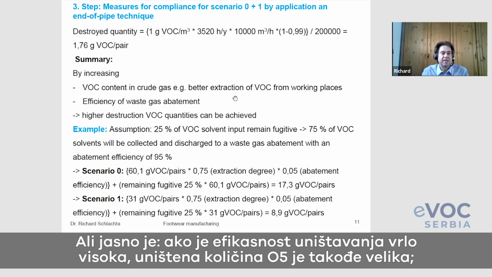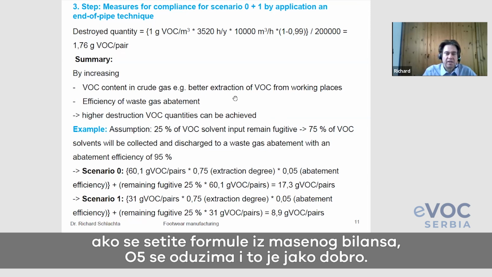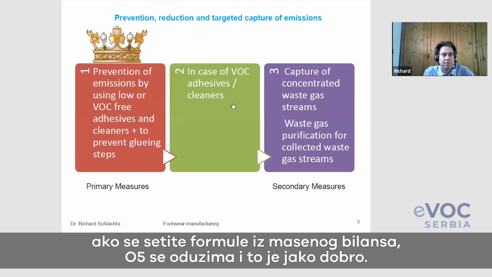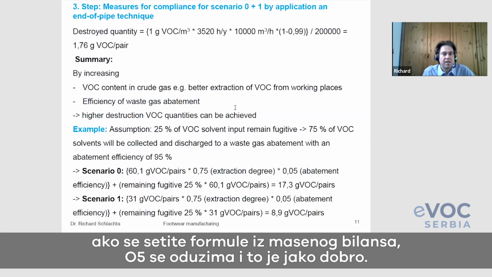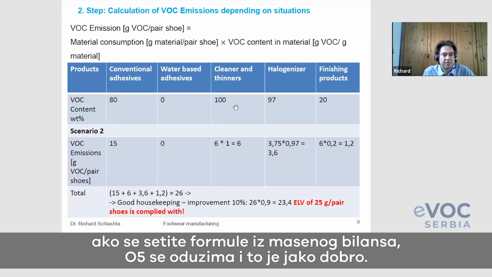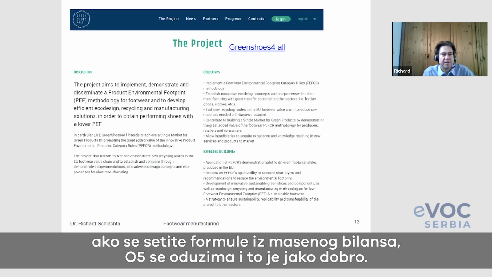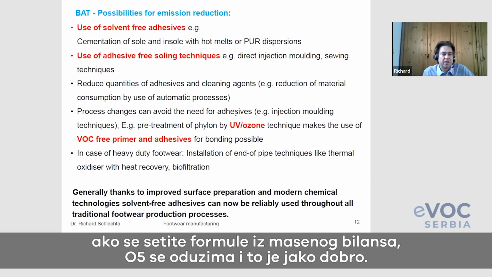But it's clear, if the destruction efficiency of the waste gas abatement is very high, of course the destroyed quantity O5 will be large too. And if you remember from the solvent mass balance, if you go back to that formula, we can subtract O5, and that is very good.